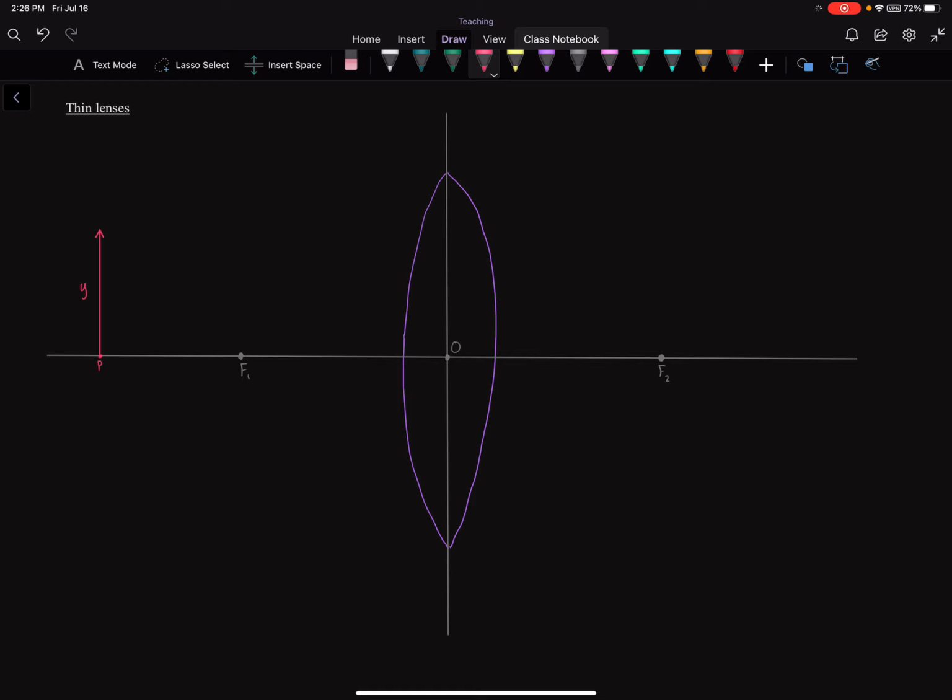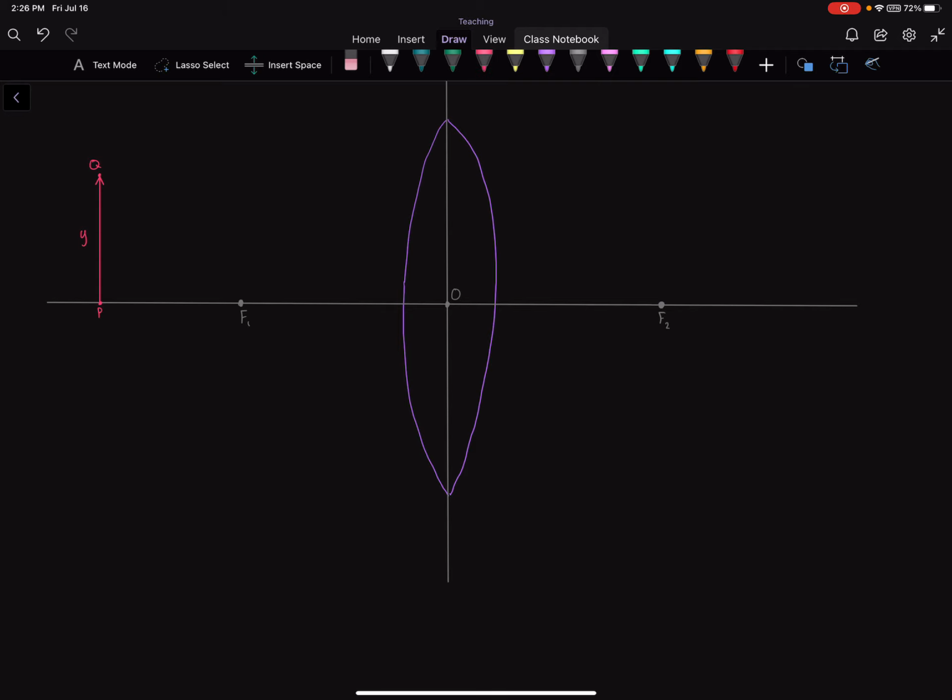This is going to be our point P, and this is going to be our point Q up here. And that makes from here to there the object distance s.